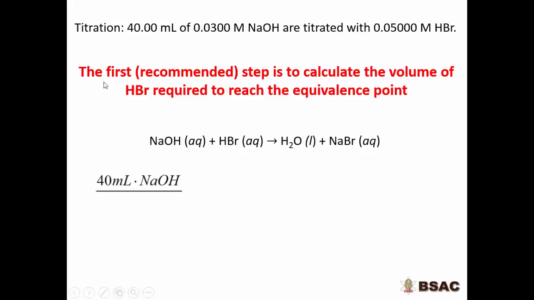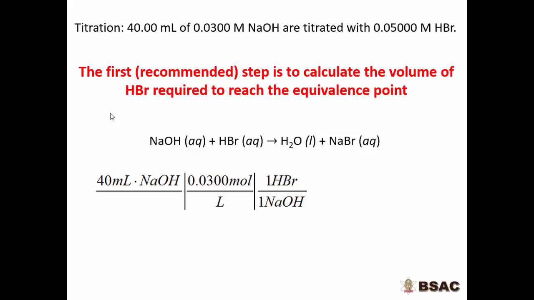Let's see. So we have sodium hydroxide. The first thing we'll do is, this is a stoichiometry calculation. We'll calculate the number of millimoles of sodium hydroxide by multiplying the volume of it times its molarity. Then it's a stoichiometric conversion. We now have the millimoles of NaOH, but let's convert that to millimoles of HBr.